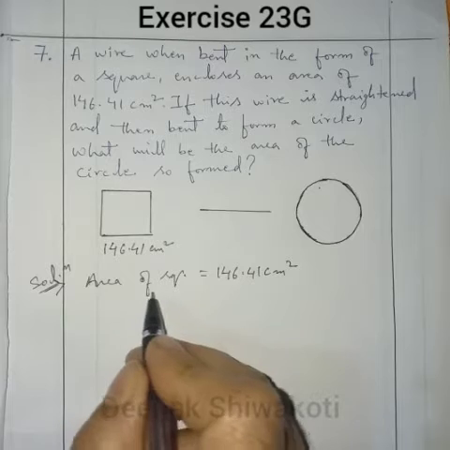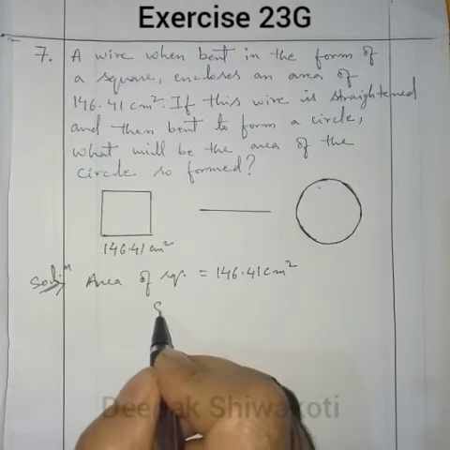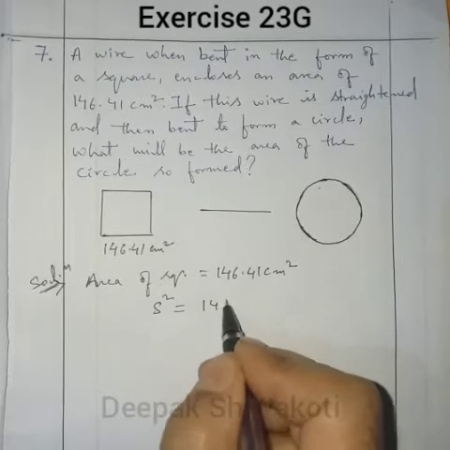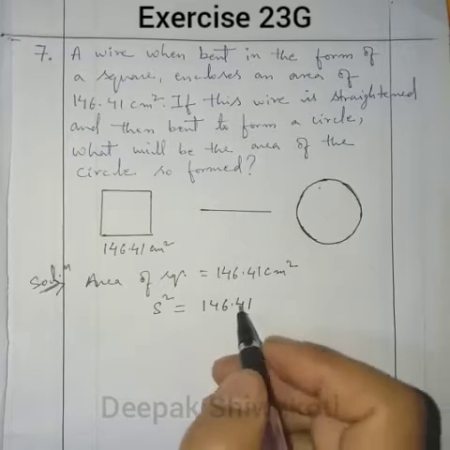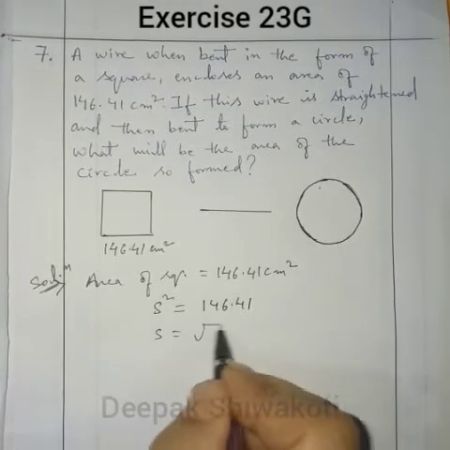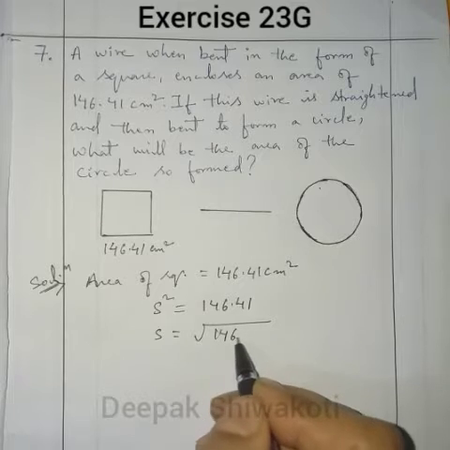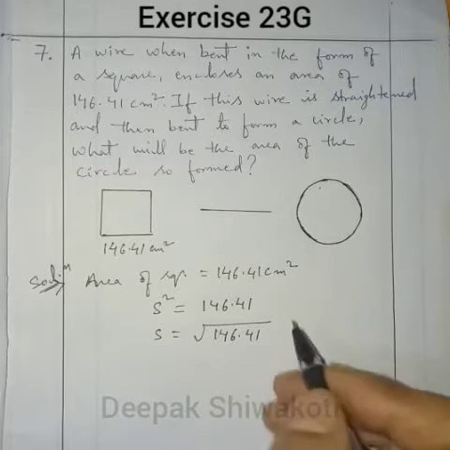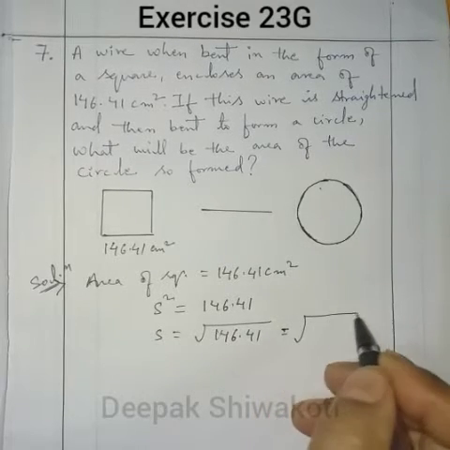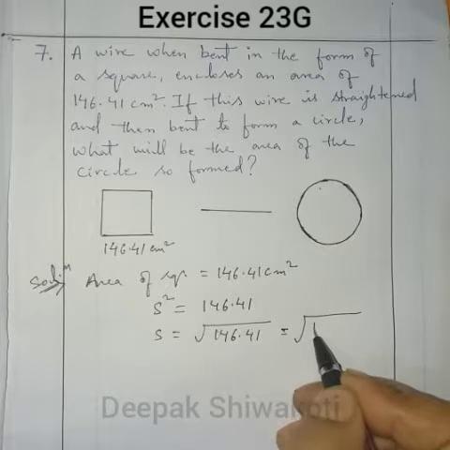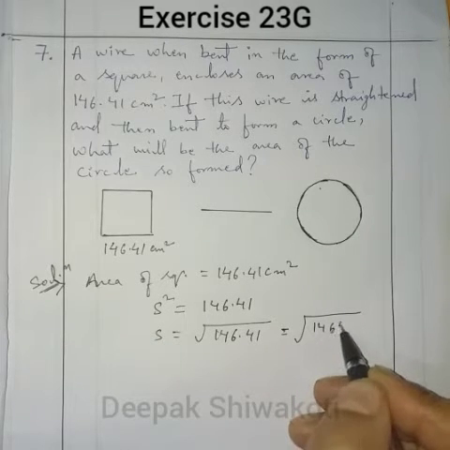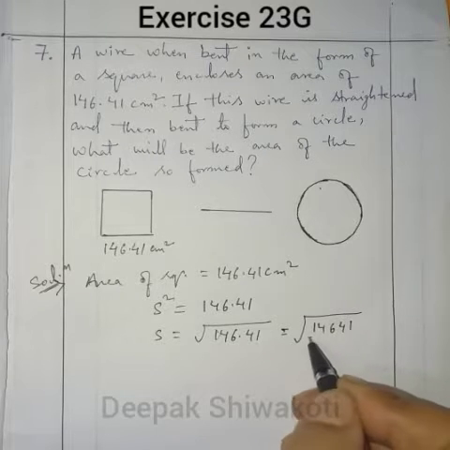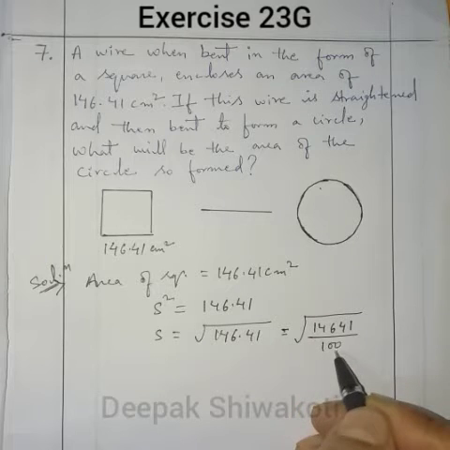Area of square is given by the formula side square. So side square is equal to 146.41 centimeter square. So side will be equal to square root of 146.41. You just find it roughly by factorizing: remove the decimal, find the square root of 14,641, divided by the square root of 100, which is 10.